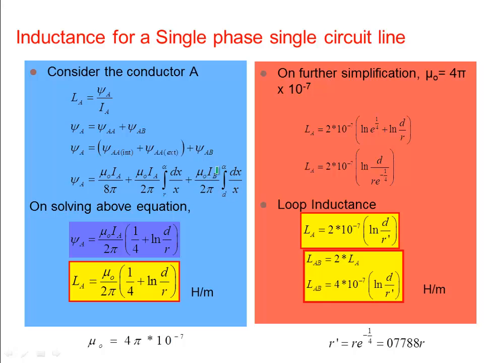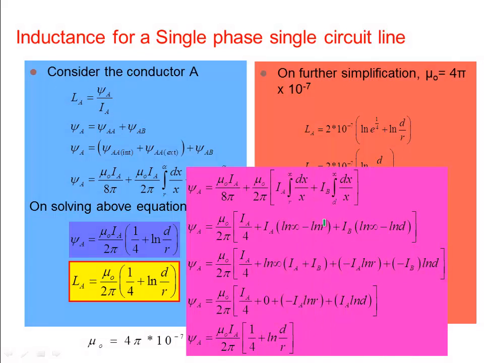This is for external flux linkage because of current IB, where D is the distance between the two conductors A and B. Now if we solve this complete equation, we will get the final expression psi A equal to mu naught IA by 2 pi into 1 by 4 plus ln D by r.